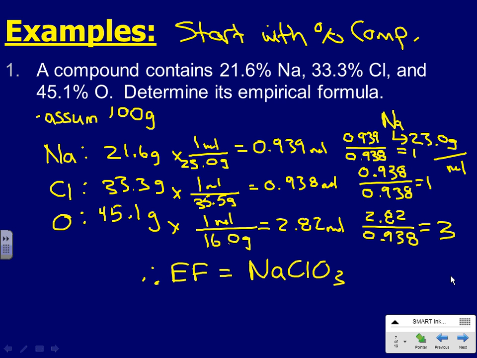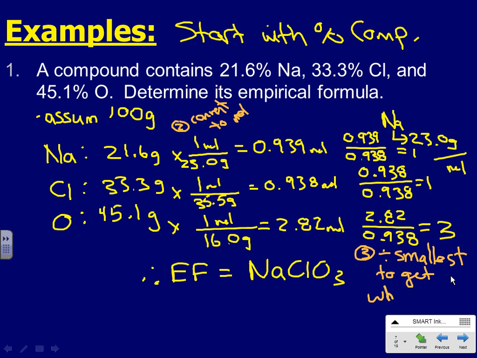All right? So if we're writing rules, we're assuming 100 grams. Here in step number 2, we convert to moles using the molar mass. And here in step number 3, we divide by the smallest to get a whole number ratio.